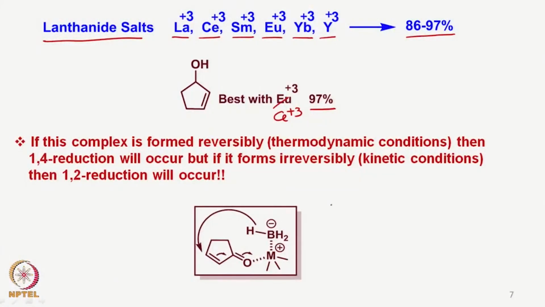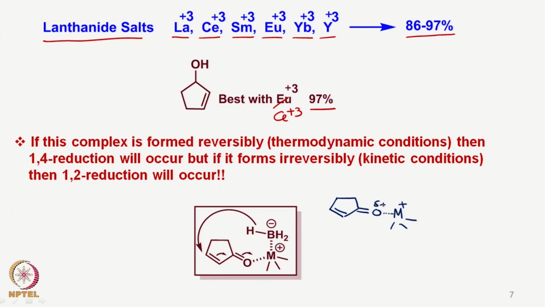What was initially found and accepted is that if this complex is formed, for example, one could expect that we have an enone like this, and it is obvious that the metal salt which is used for the reaction is attached to this, and now we can expect some sort of chelation with this.